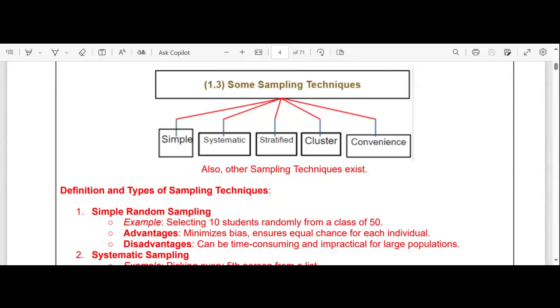Simple means everybody has an equal chance. I ask you to put your name on a piece of paper. Second student, third student, fourth, fifth, sixth, seven, eight, nine, ten, and then we put it inside this bag. Everybody has equal opportunity, and then I ask somebody from outside to come here, put his hand in, and choose one student.